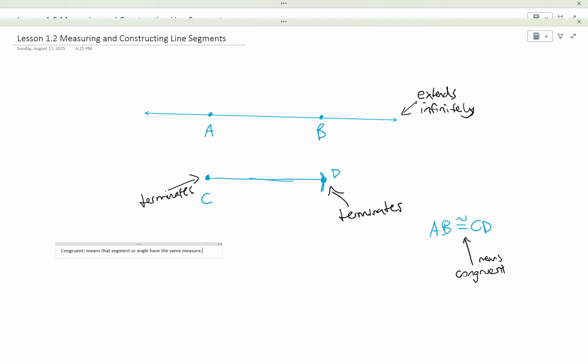But it's okay for you guys to understand, as we're starting off, that when we say AB is congruent to CD, it's pretty much the same thing as saying equal. It's not the exact same thing, but pretty much. Okay, so let's move on.